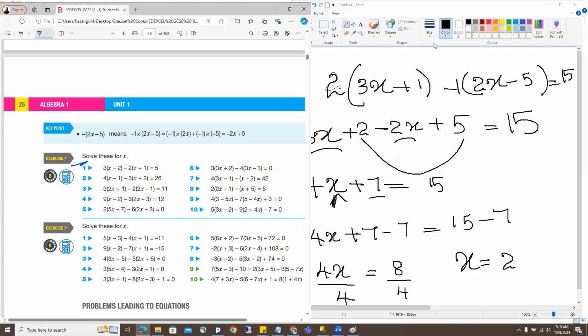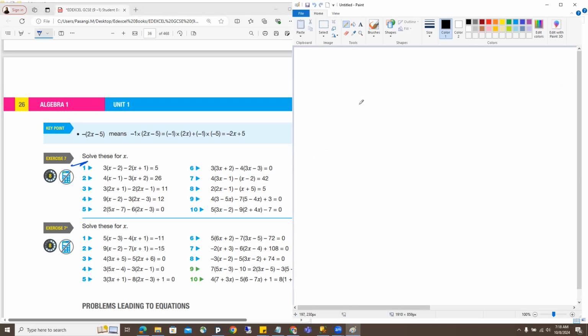So were you able to find out how to do the first one? Yes, miss. Okay, how? First, we take 3 and x, it is 3x, 3x minus 6, then minus 2 times x plus 1 is equal to 5.